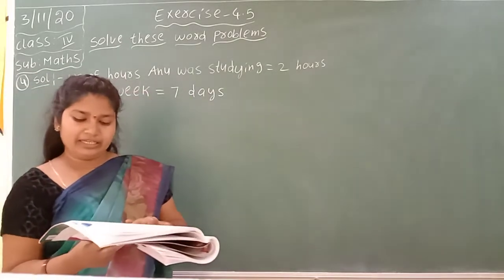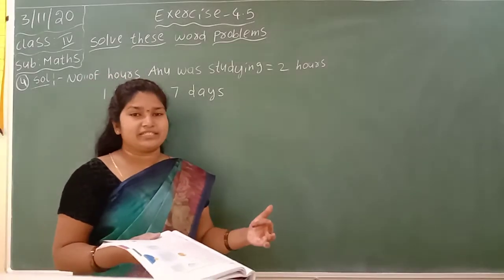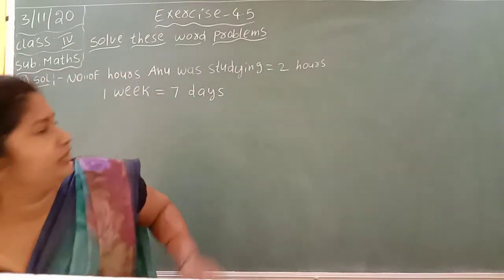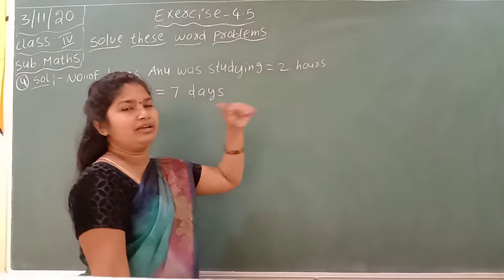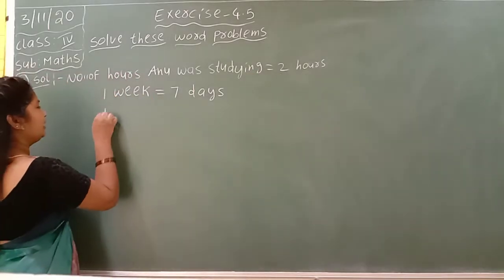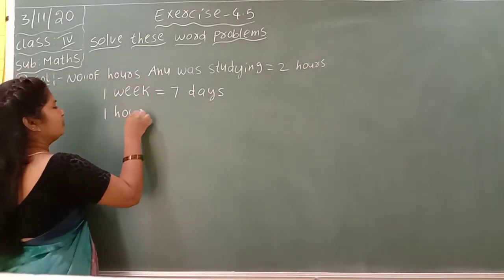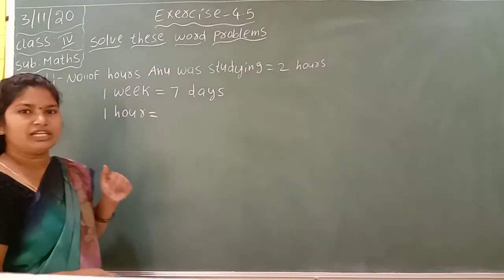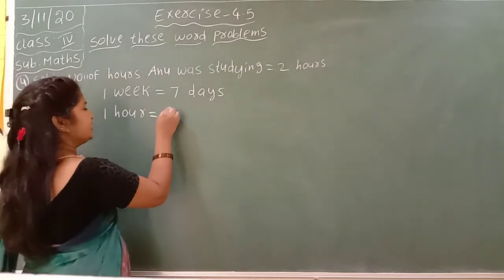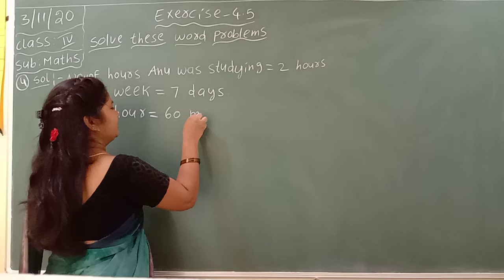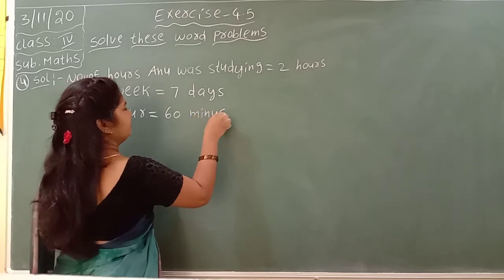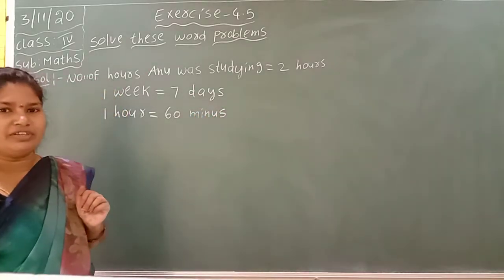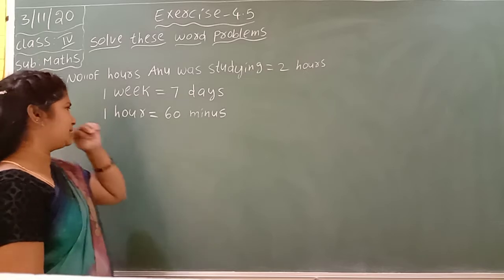And they are asking how many minutes she is reading. So, this hours convert into minutes. Means here 1 hour is equal to, how many minutes, children? 1 hour is equal to 60 minutes.